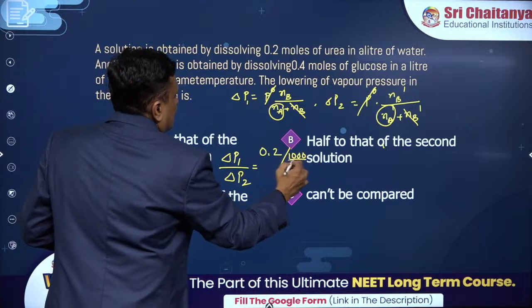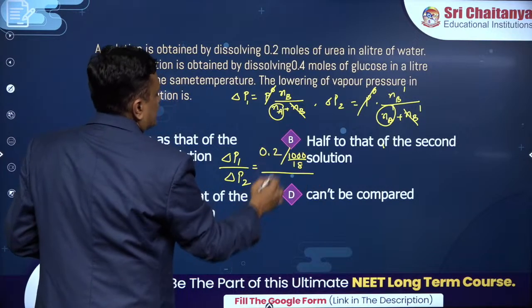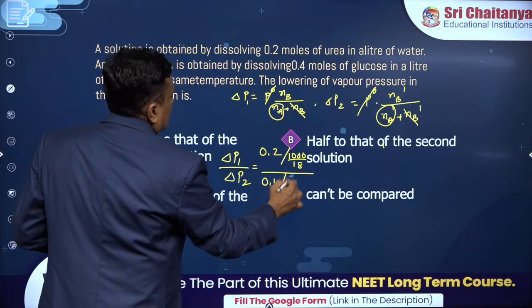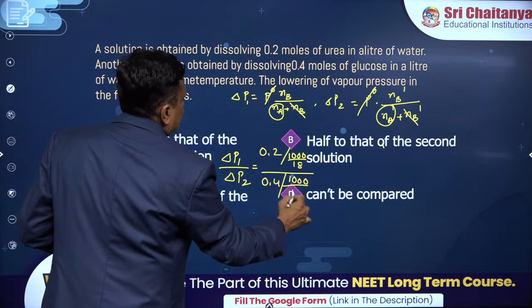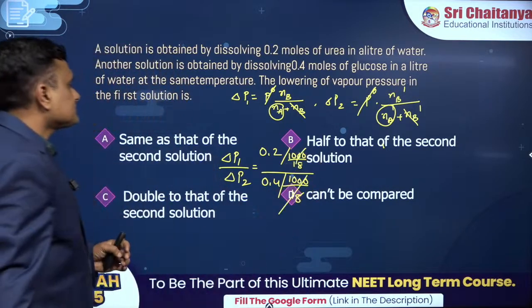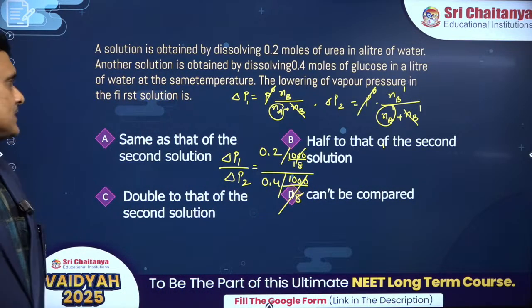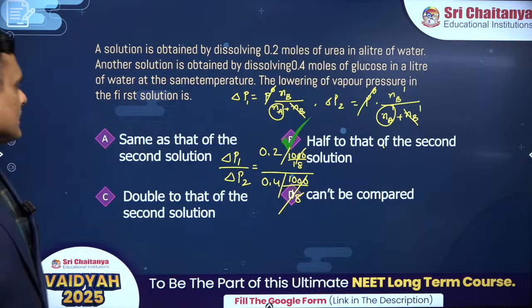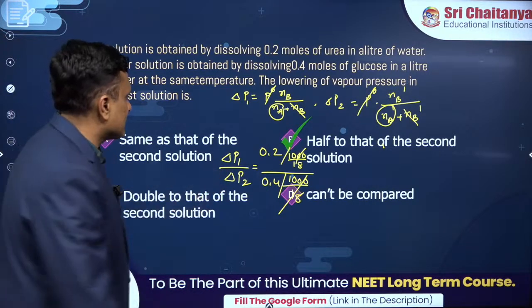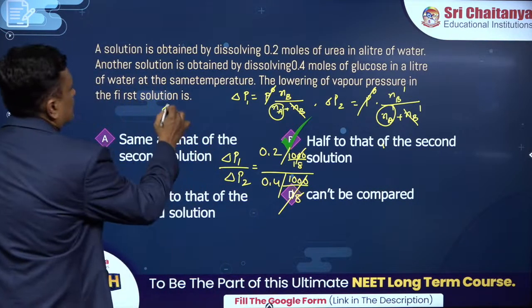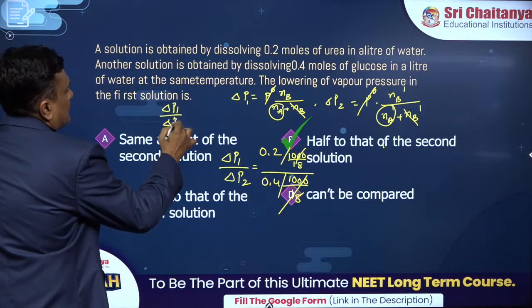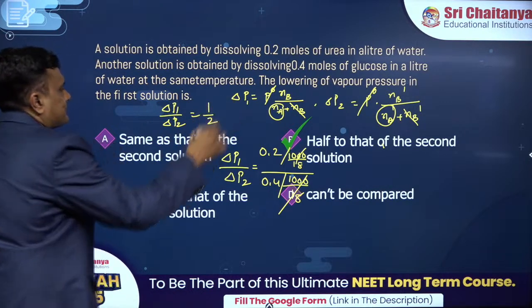I think you understood how I wrote this. The other one is 0.4 mole, 1000 by 18. So this factor gets cancelled anyway. So you can see that the answer would be half, that is delta P1 by delta P2 is turning out to be how much from the calculations? Is equal to 1 by 2.